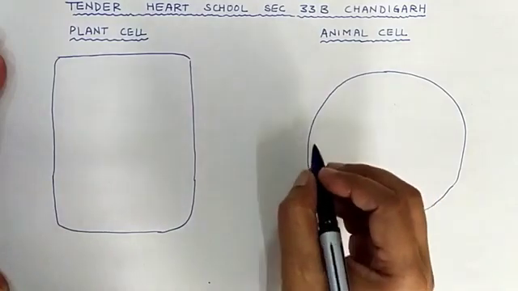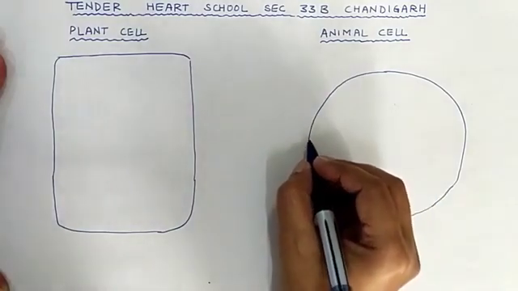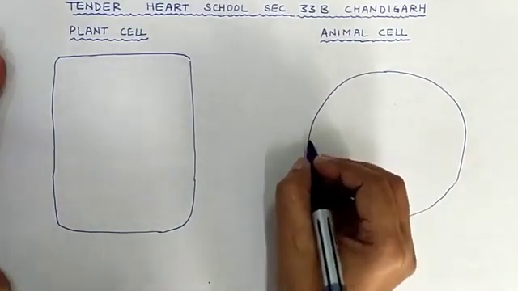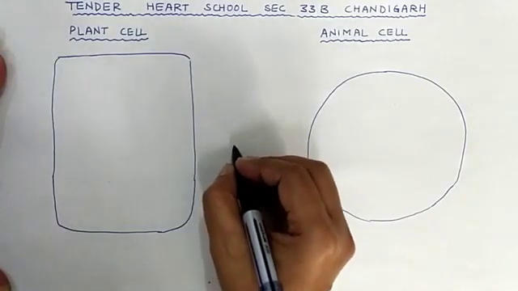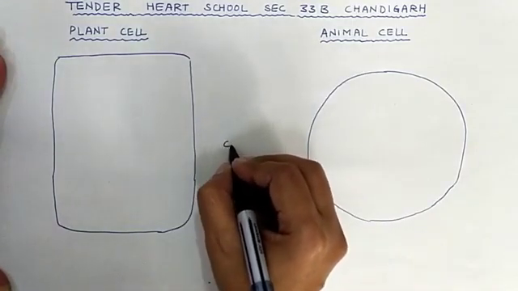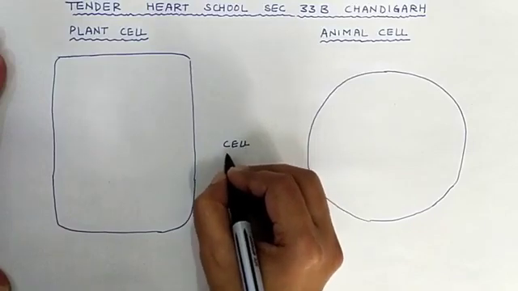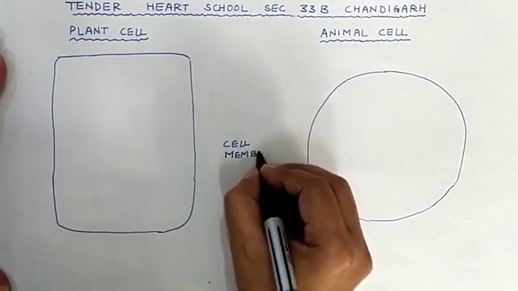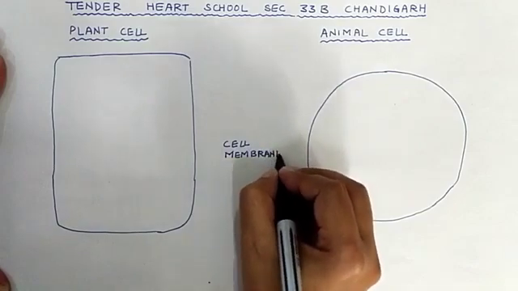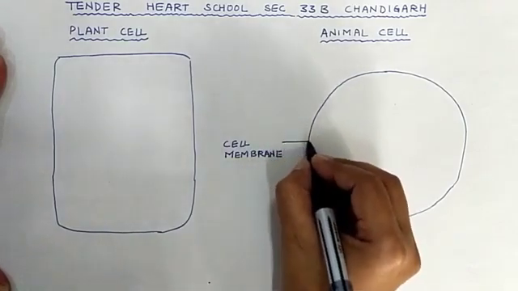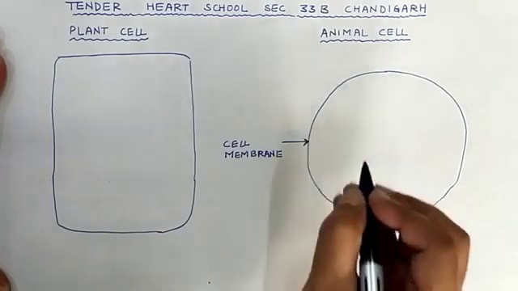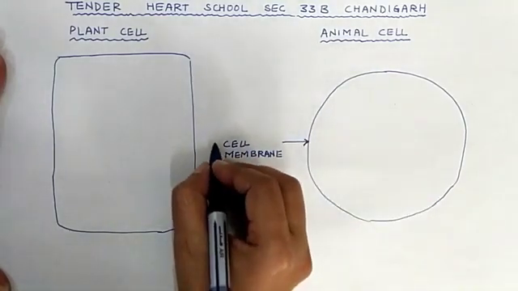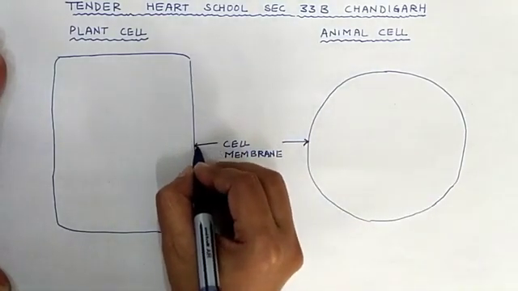In the animal cell, the outermost organelle is the cell membrane. So let us label here. Cell membrane, it is giving protection to the animal cell. Similarly, cell membrane is present in the plant cell.